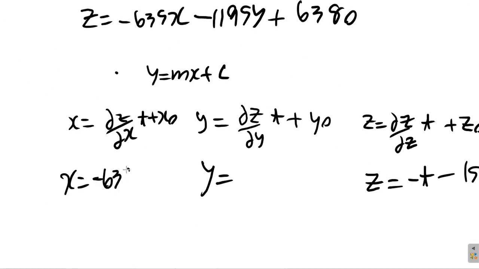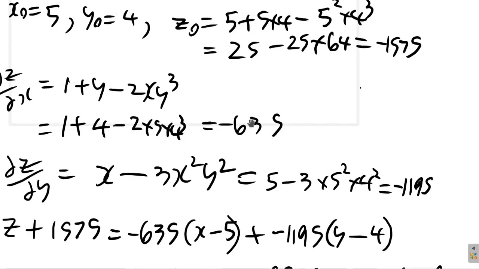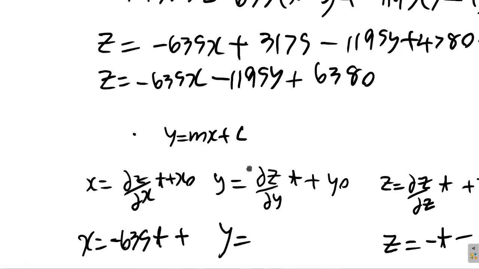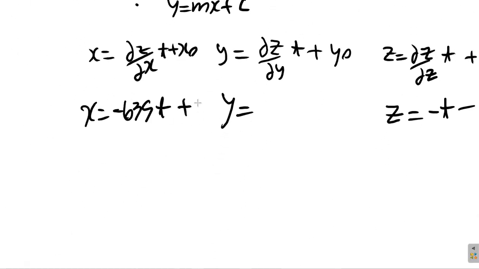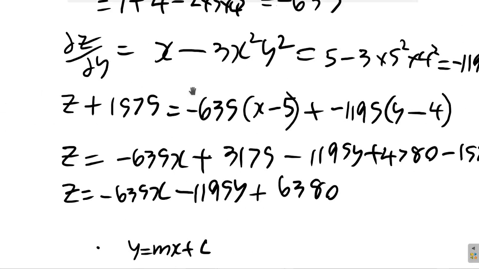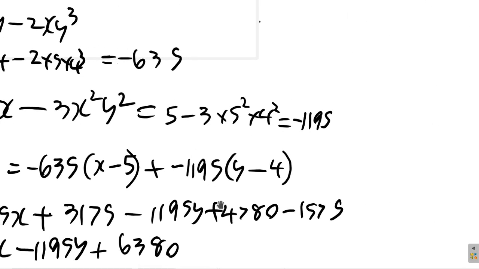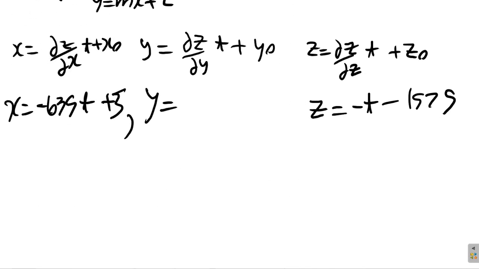Negative 635 t plus x naught, which was 5, and y naught was 4. So ∂z/∂y at the point was negative 1195, negative 1195 t plus 4.